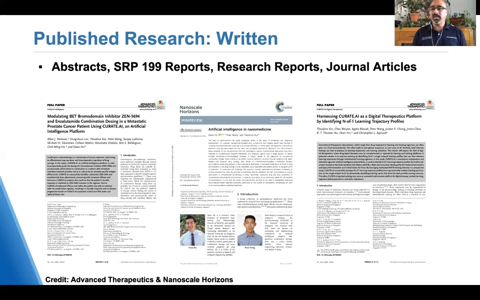The 199 is a letter grade course, and it requires you to write a research report summary. You turn that in, your professor reads it and gives you a grade for it, right? Most of them are A's. If you don't have a good relationship with your professor and he's not clear on what the expectations are and you turn in a bad report, you might get a B, but most people get A's.